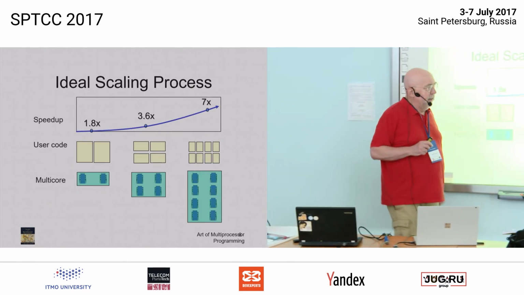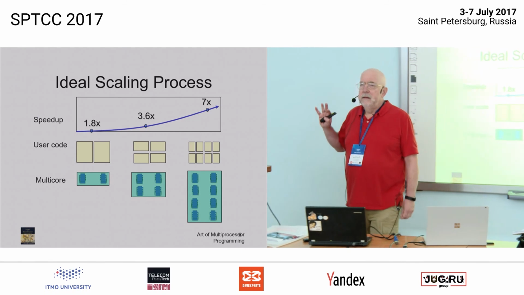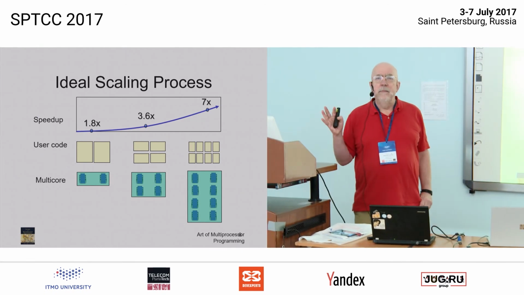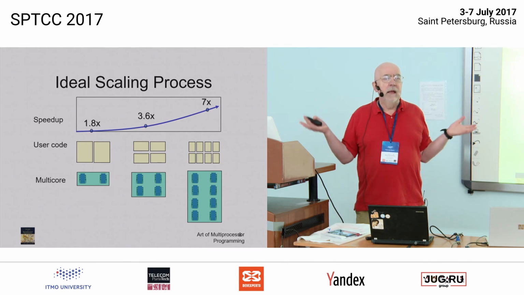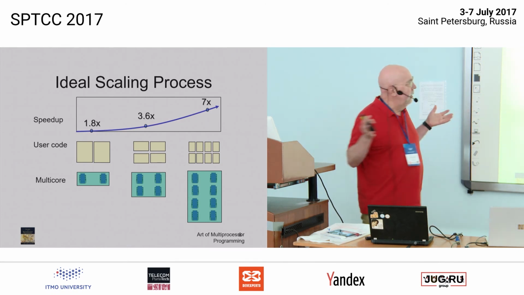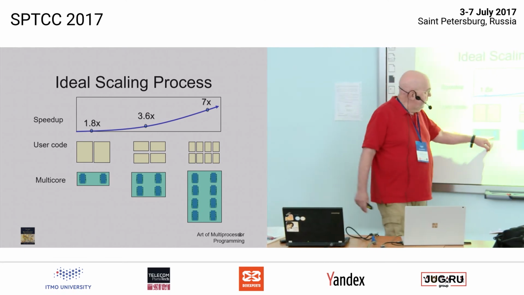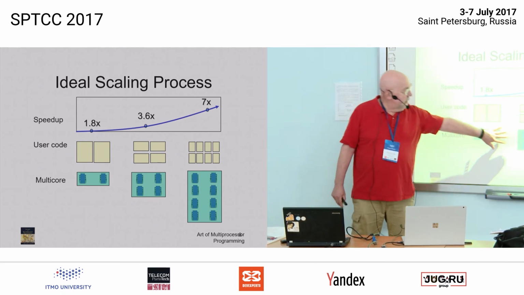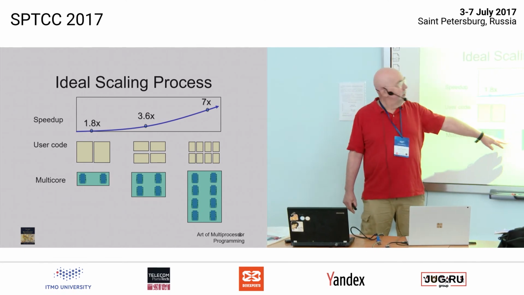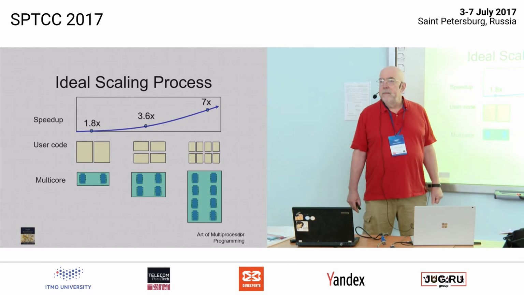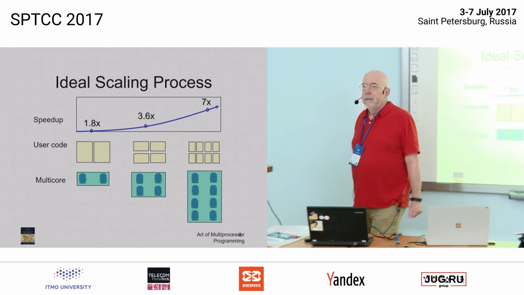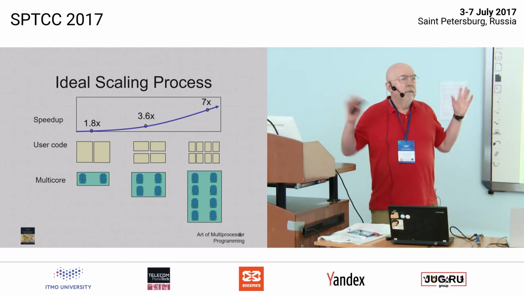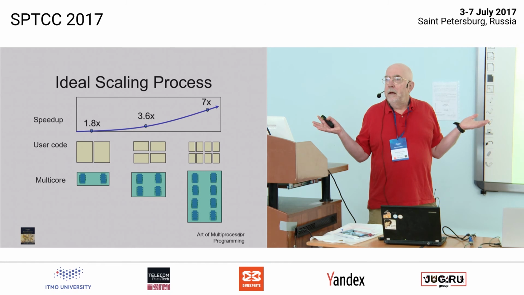Now, what you would like to say is, well, now that the clock speeds are the same, now that the processors don't run any faster, but we have more of them, then no problem. We start out with 2. Next year, we can buy a server with 4. Next year, we buy a server with 8. And our speed up should go ahead. And everything should be the same as before.